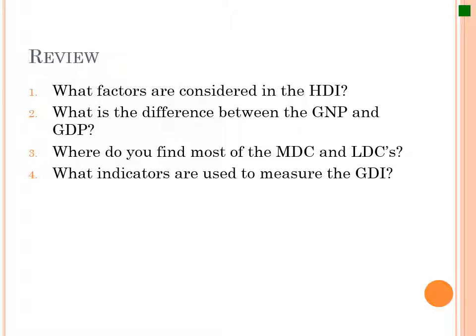Three, where do you find most of your MDCs, or more developed countries, and your least developed countries, or less developed countries, geographically? And fourth, what indicators are used to measure the Gender Development Index? So these are all review from your notes from last time. Take about 5-10 minutes, answer these questions, and then turn them into your sub, and I will look at these and we'll talk about them next class.